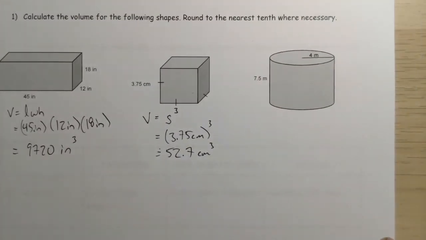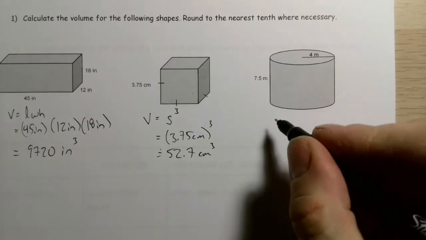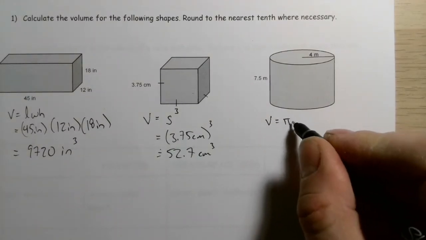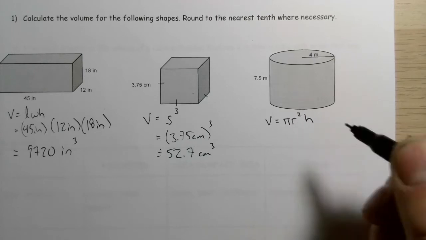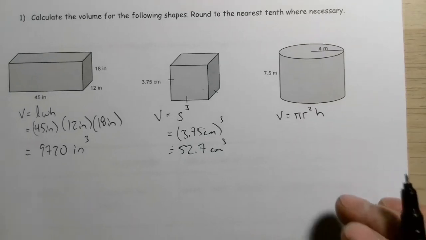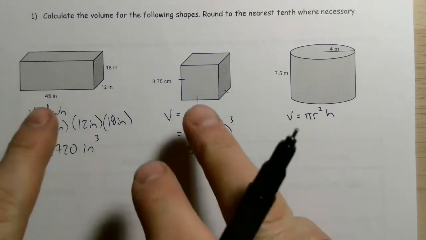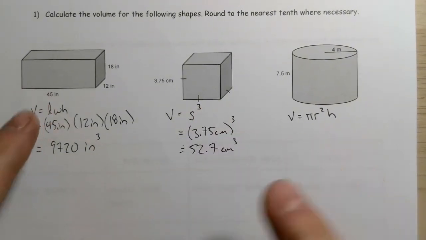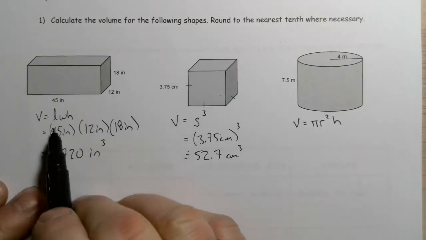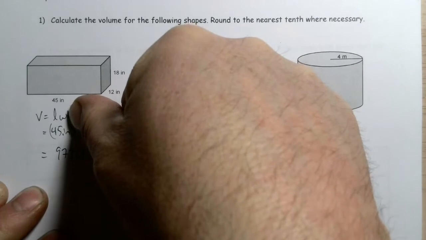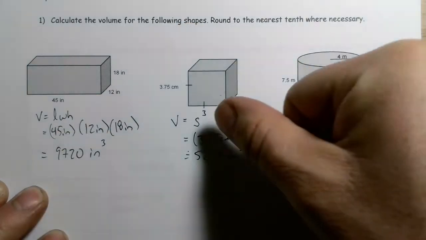And now finally, I've got my cylinder here. The formula for the cylinder is pi r squared multiplied by height. Now, I want you to think about the volume formulas that we've used in all three cases here. When you're coming up with the area of a rectangle, that's length times width, and then I multiply by height.